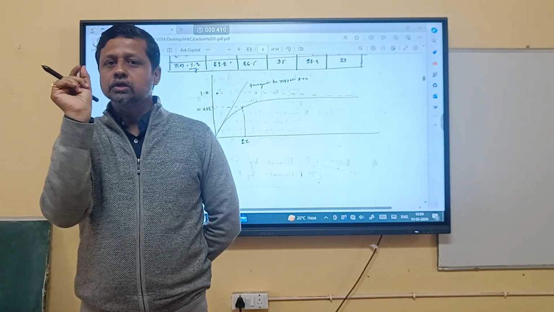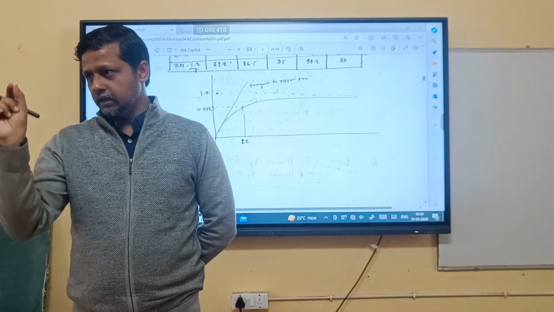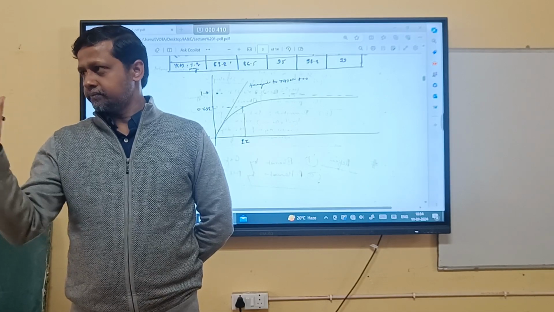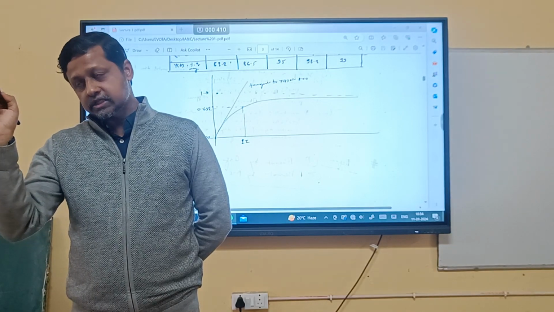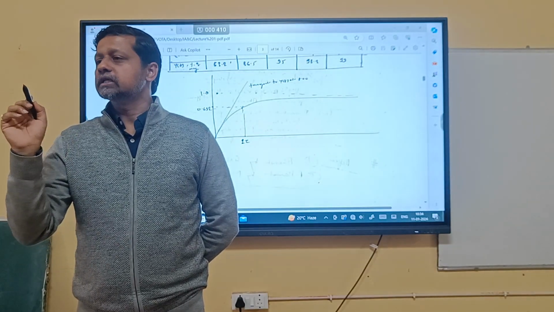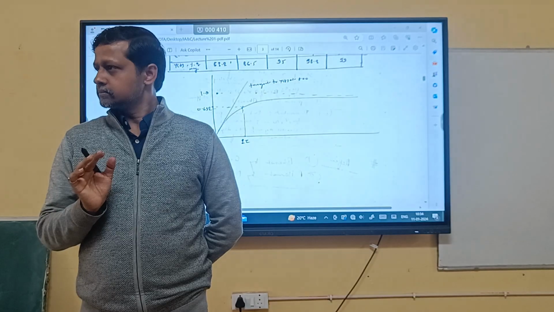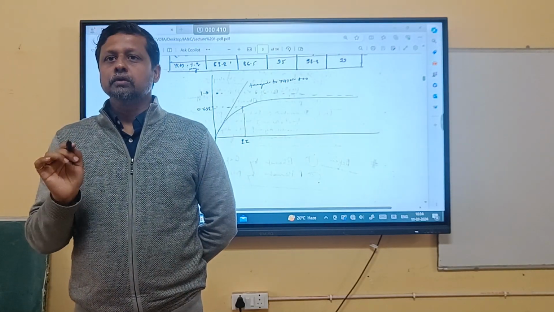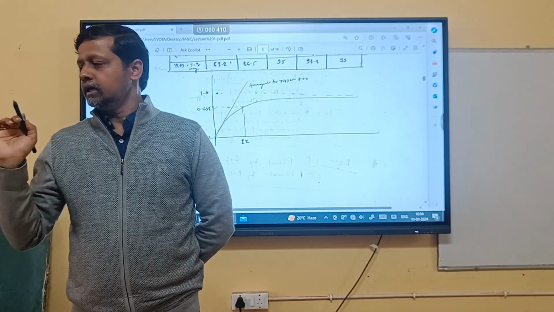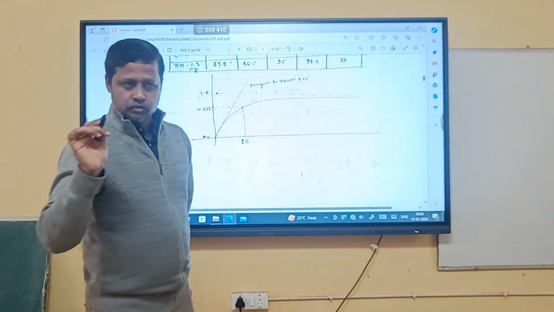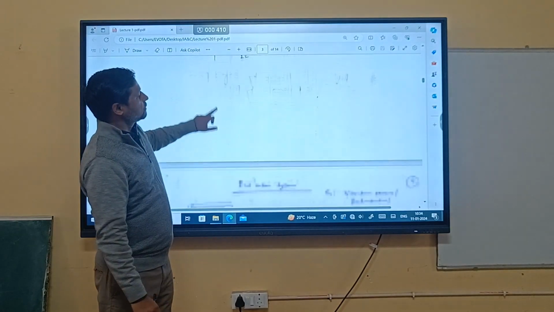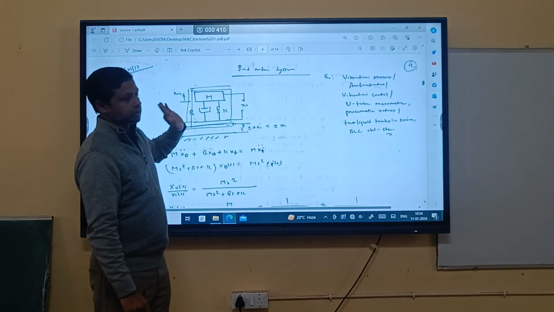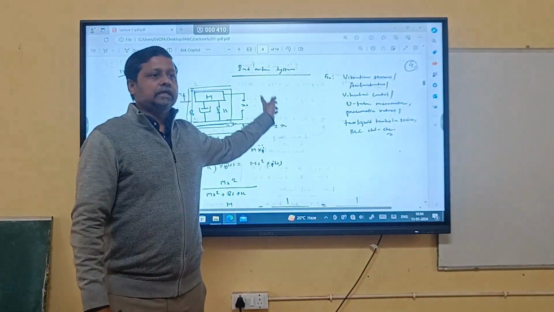Tau is a small portion of t, a pocket of instantaneous time. So within that pocket, tau is compressing to 0. So with no time absolutely, you are trying to achieve the infinite rate of change. So this is the problem. The same problem persists even if your order of system is changed. Remember this, okay?